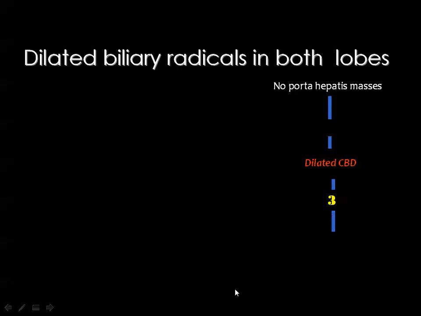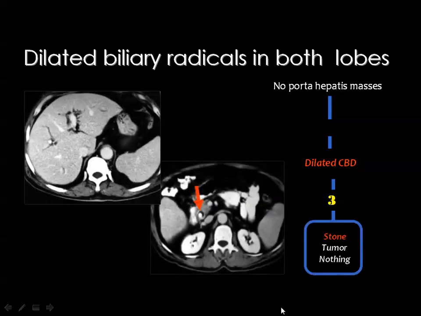Then we came to the third issue. The first issue is you see masses at the porta hepatis, then you diagnose lymph nodes and search for the differential diagnosis of lymph node pathology. Then the second issue, you don't see any masses at the porta hepatis, then you know that this is a stricture at the hilum, and you diagnose hilar cholangiocarcinoma.